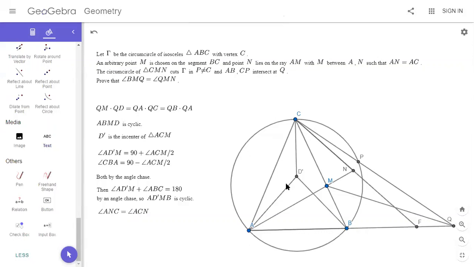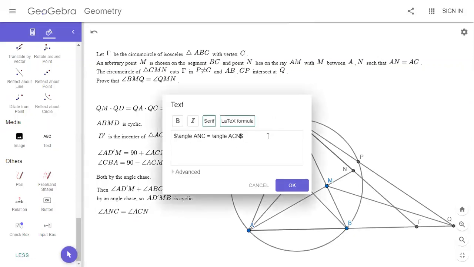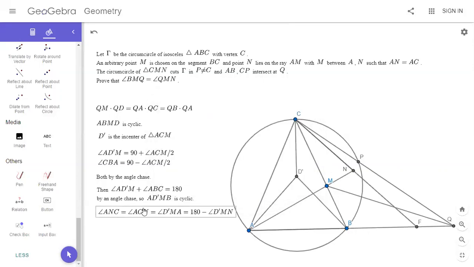And you're saying that that's 180 minus DMN. So T prime MA. That's also by an angle chase.